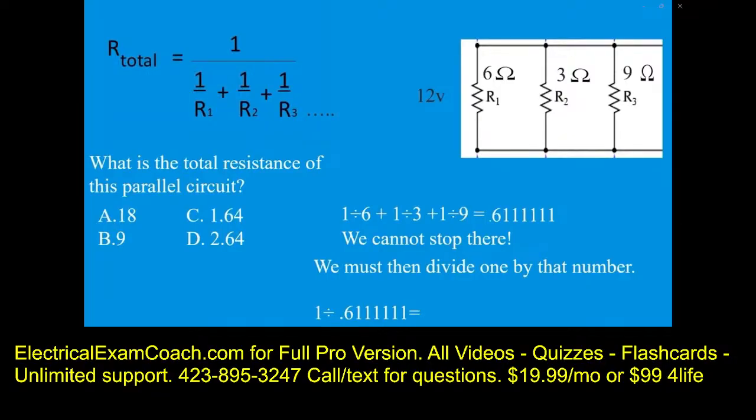The question is how many of those 1s do you put? What you do is go ahead and put the 1 divided by whatever the number is, and then type it in as many times until you get an answer that's close to one of your choices in your question. So in this case, we keep typing it in until we get 1.636, which is going to allow us to round up, and that's going to give us 1.64.